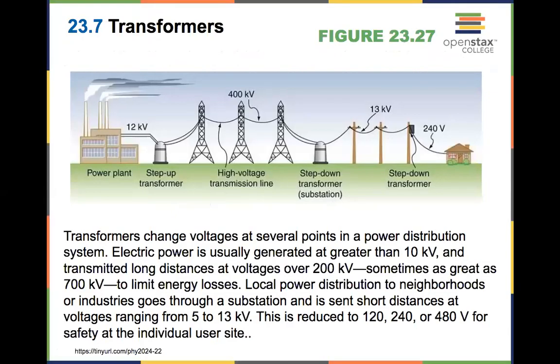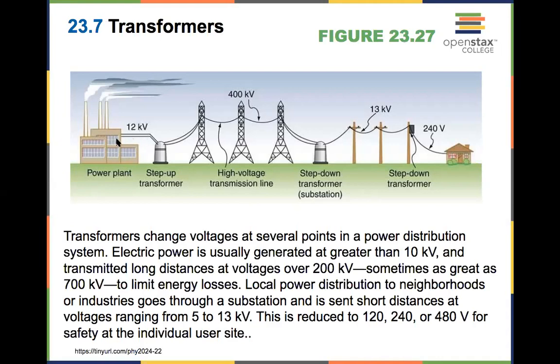So we'll move on to the next section in this chapter, which deals with transformers. In the figure shown here, for an electric power plant, the electricity that comes out of the power plant typically has a very high voltage, say 12 kilovolts.